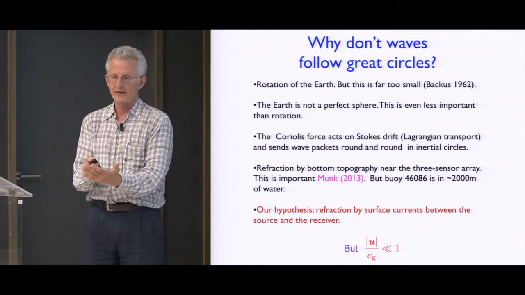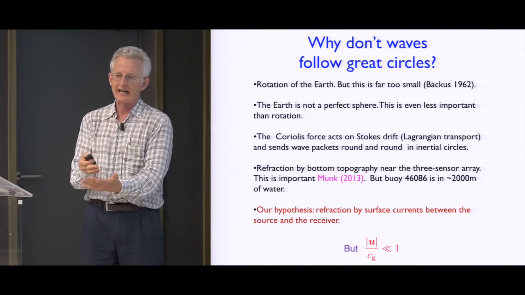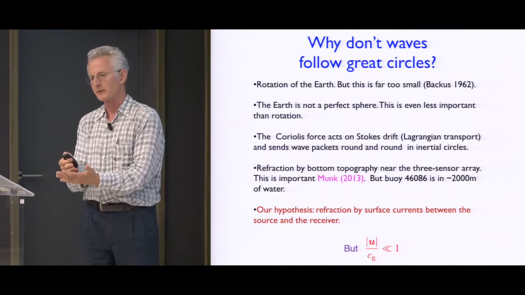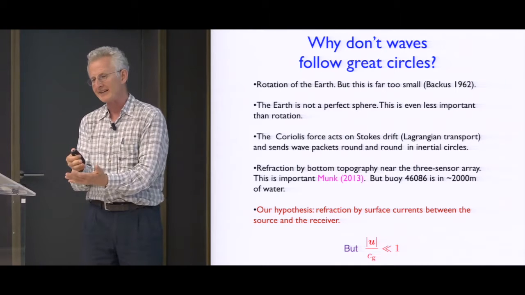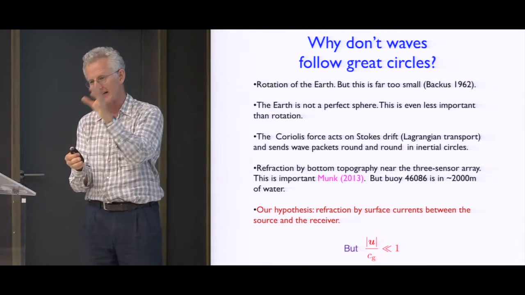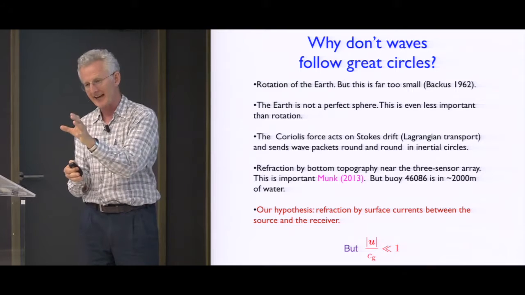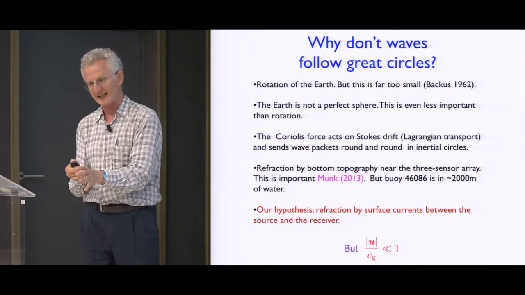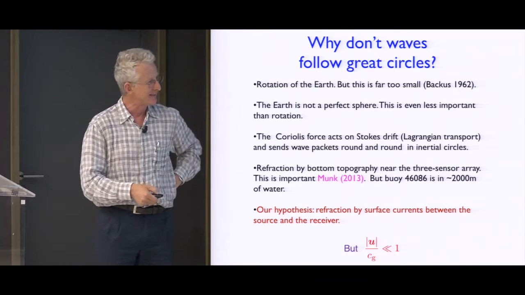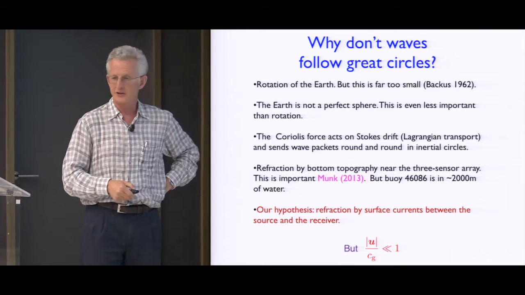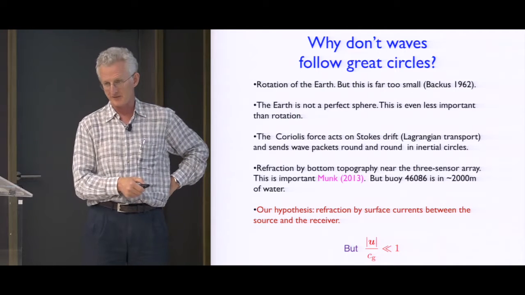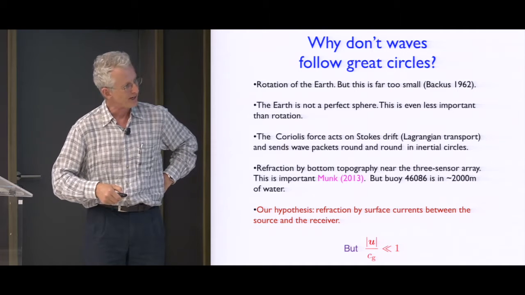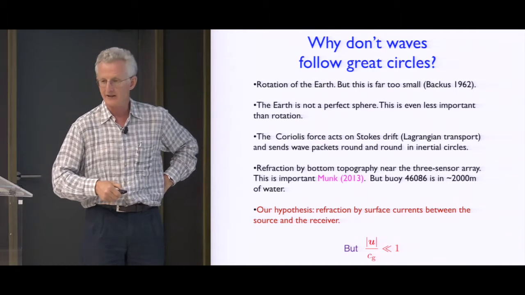Now, you can work out the effect of that, and the velocity which really affects the propagation of the waves is a density-weighted mean of the velocity in the air and the water, weighted by the density of air, which is 1 kilogram per cubic meter, and the density of water, which is 1,000 times larger. So because of that effect, it's true that the wind is faster than ocean currents, but it's not 1,000 times faster, okay? So most of the effect, we believe, is due to refraction by the currents in the water.